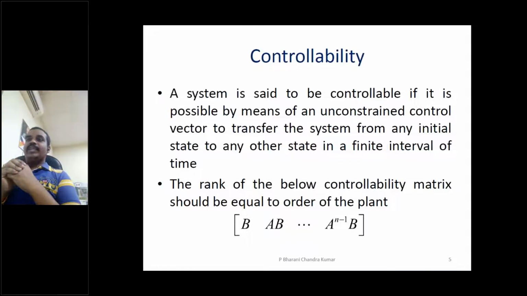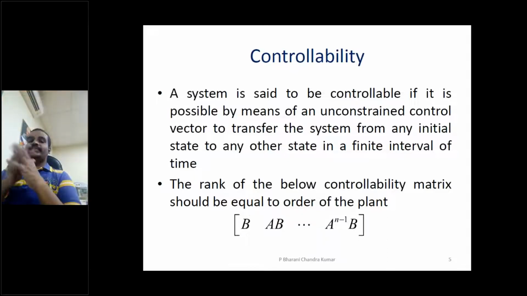If it is possible by means of an unconstrained control vector, that means you have infinite control input force. If you apply that infinite control input force, which is available with you, to a system, and you are able to transfer the system state from any initial state to any other state.